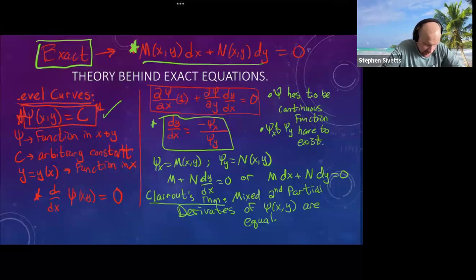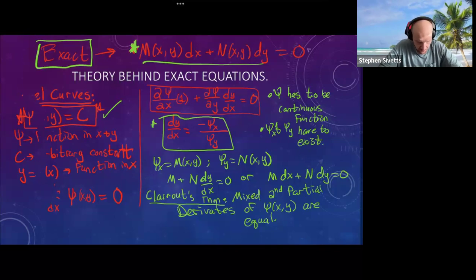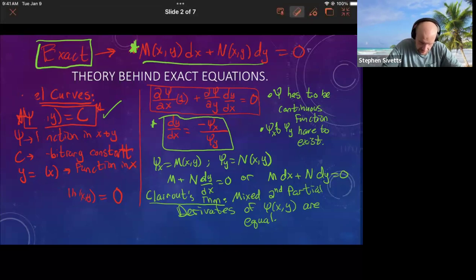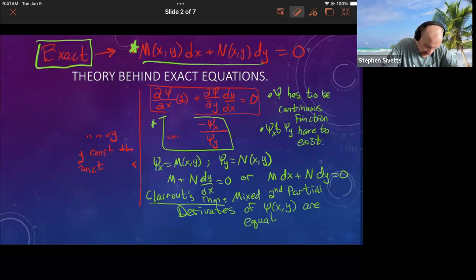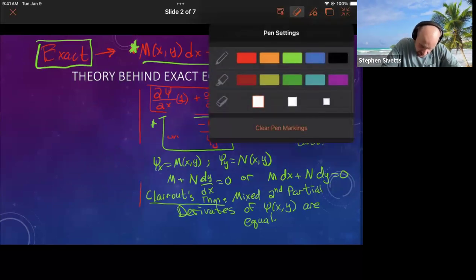It applies not only to two-variable functions but also to functions of more than two variables, and to second, third, fourth, fifth, however many derivatives of a function you want to take. So that's going to be important. It shows that the partial derivatives exist, and that you have a continuous function, so you have a continuous general solution.